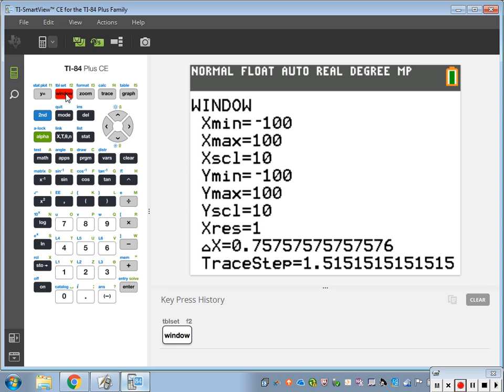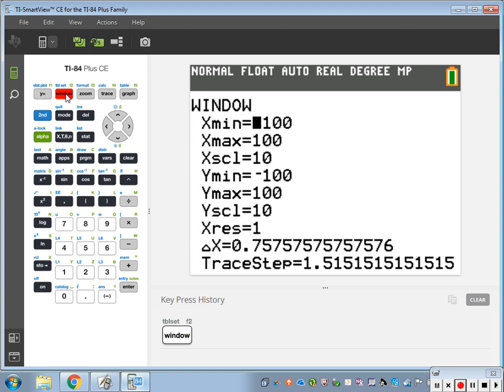For x min, please change it from the negative 10 default to negative 100. Please change the x max from 10 to 100. Please change the x scale to 10. Same on our y-axis: y min negative 100, y max 100, y scale 10.